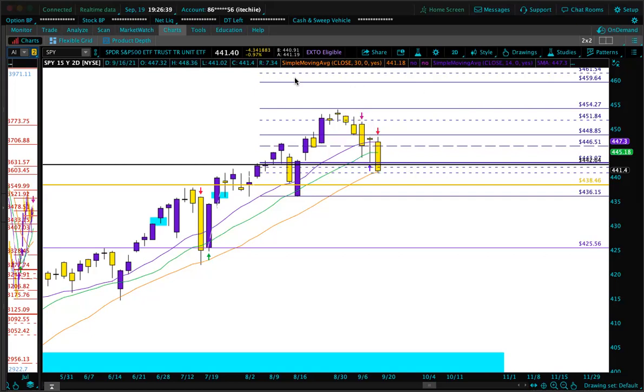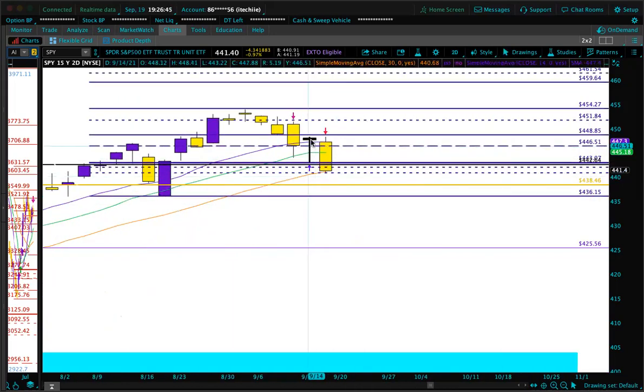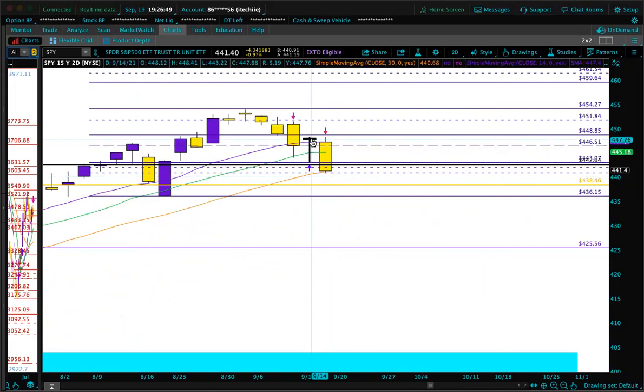Let's clear this. Zoom in. And the high on that hammer was 448.41. This recent candle, the high was 448.36. So they could even get us above that. They got us close to it, and then we rejected. Then we came down.